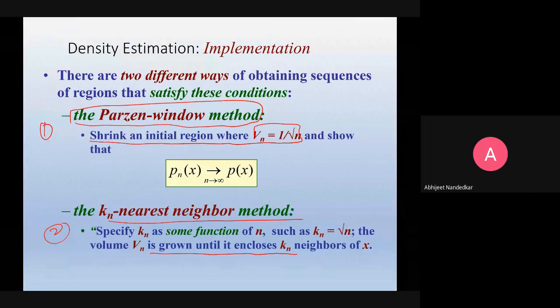Now the shrinking window is where the volume Vn we assume to be 1 by square root of n.